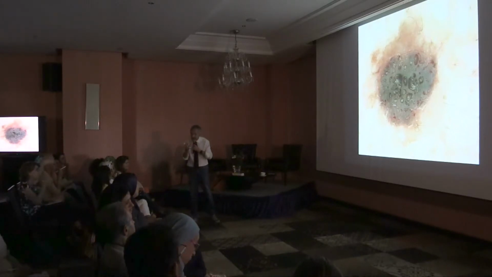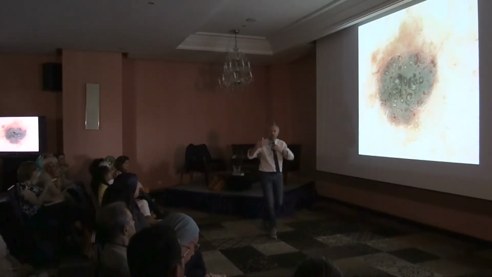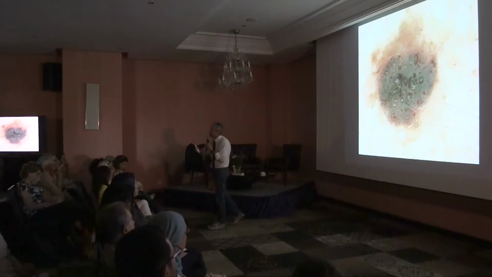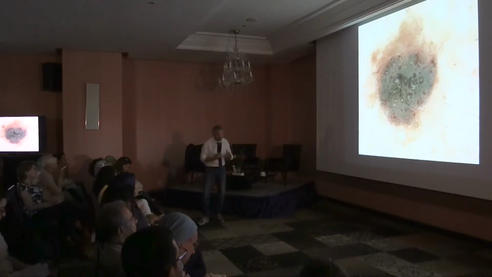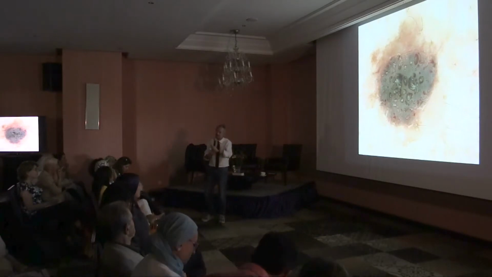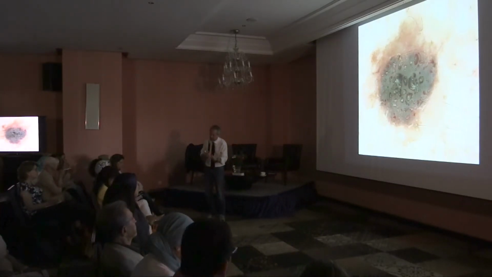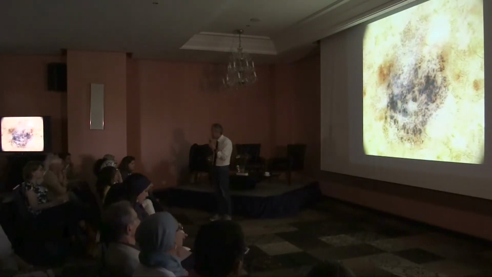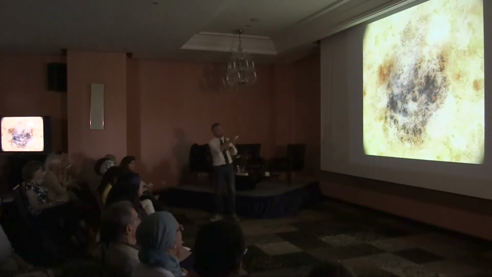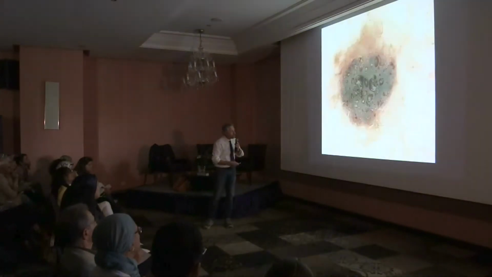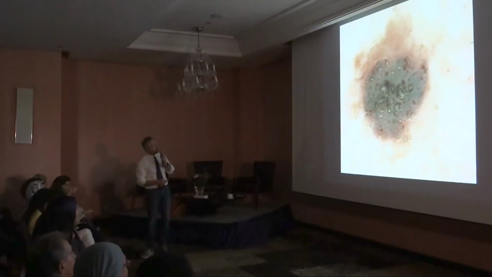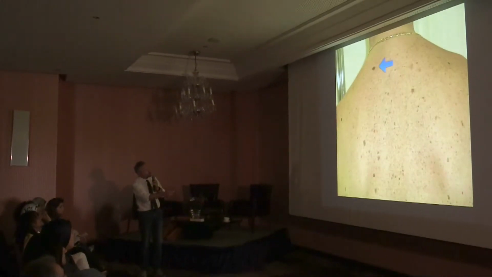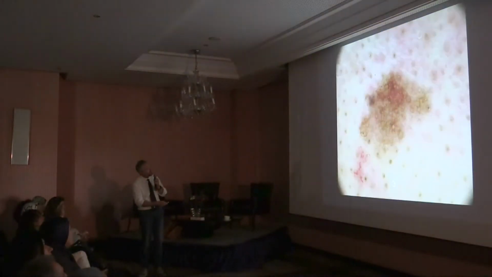So you can see that seborrheic keratosis can go through regression, and this is what they call lichenoid keratosis or lichen planus-like keratosis, and so on.